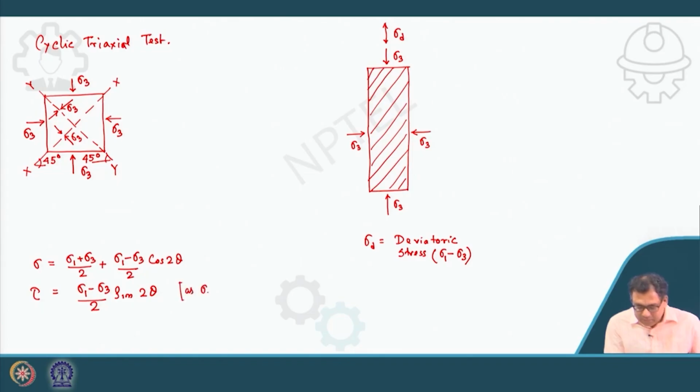Because sigma 1 under the consolidation stage is sigma 3. So that's why tau is equal to 0, and sigma will be equal to sigma 3. Sigma is the normal stress, or you can write sigma n. So this is my first stage.